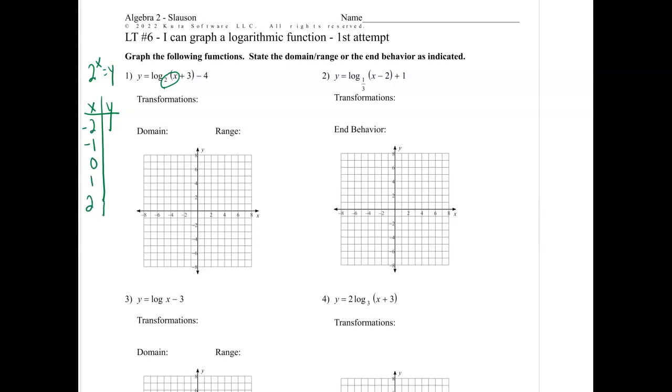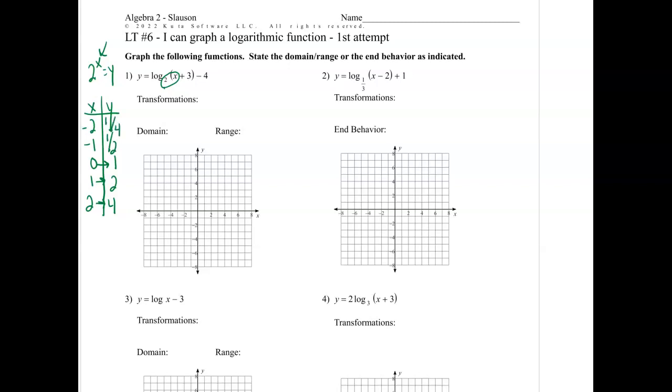If you start with 0, 2 to the 0 power is 1, 2 to the first power is 2, so I'm just putting these numbers in here for this exponent. 2 to the second power is 4, and then when you have the negative exponents, it just takes your answers and moves them. So if 2 to the first is 2, then 2 to the negative first is 1/2, and 2 to the negative second would be 1/4.